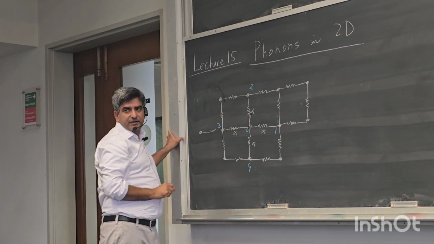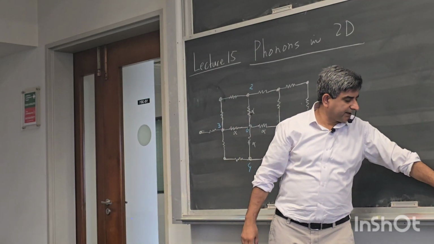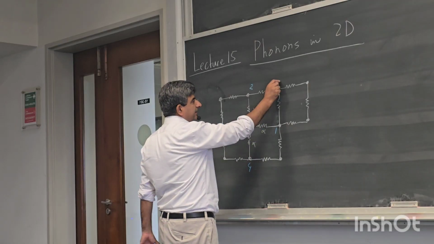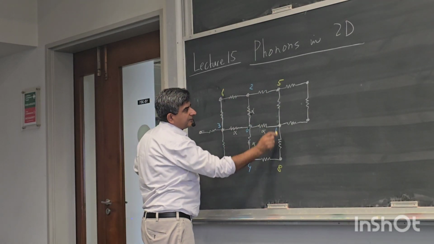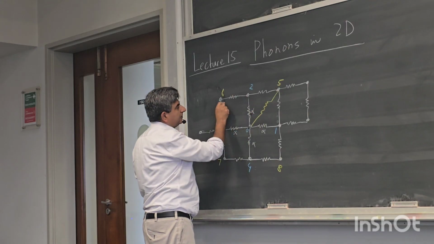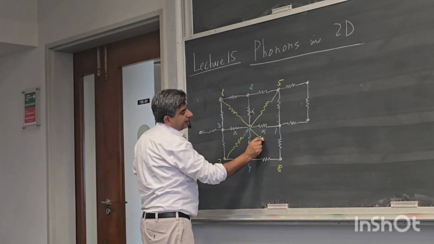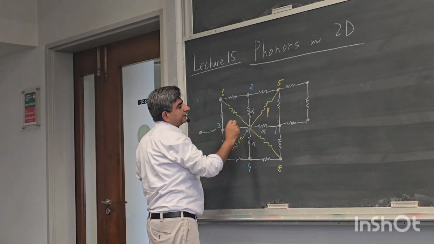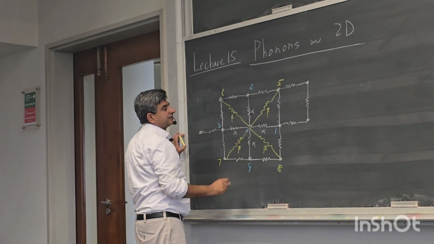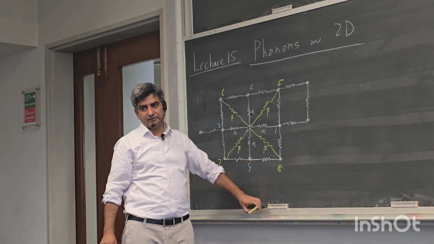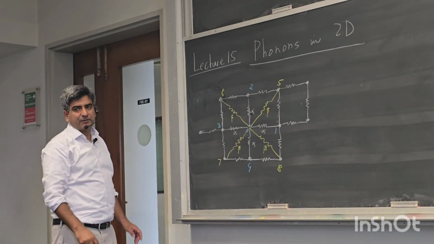These are the nearest neighbor interactions, but the atom is also connected to the next nearest neighbor atoms, 5, 6, 7 and 8, through these spring-like bonds, and it's expected that this bond strength is beta, which is expected to be slightly softer than alpha. So this is the model that we're going to work with.